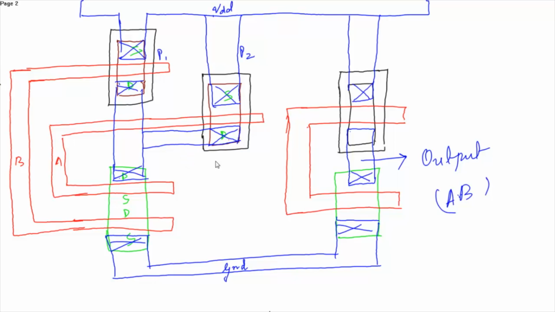Now this is the common drain that has to be connected to the input. So I need to place a contact. So here there will be a contact. So the contact will be certainly purple in color. So there will be a contact over here.